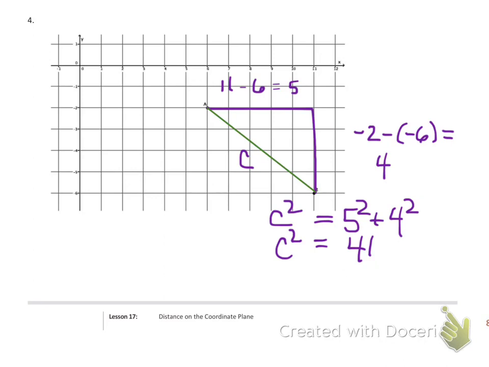Take the square root of both sides and get that C is the square root of 41. So this time it's going to be a little more than 6, and this one comes out to approximately 6.4 units.